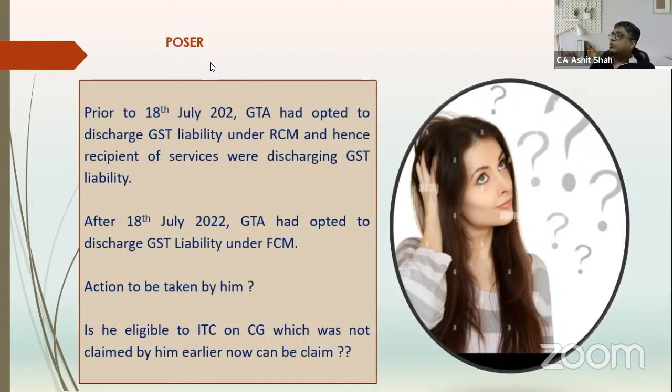Now the question is, what will happen to the capital goods held by him, which will be used for providing output services after 18 July 2022? Can he be eligible to claim input tax credit on them? As an example, suppose he had 25 trucks in 2022, used them for one year, and has not yet taken input tax credit. Would he now be eligible to claim the input tax credit for the remaining life of the asset, because it would be used for providing taxable output services?